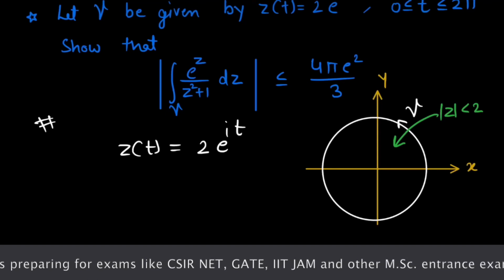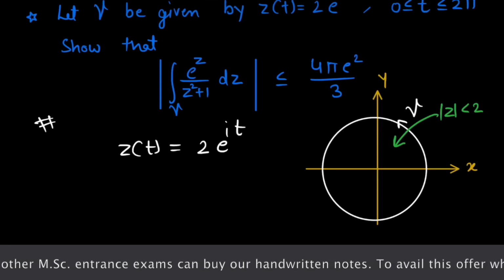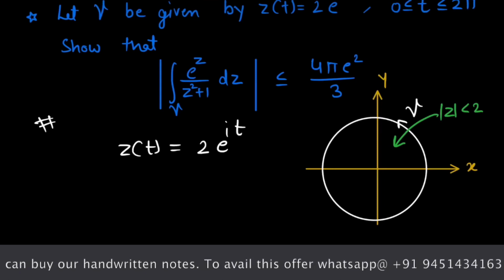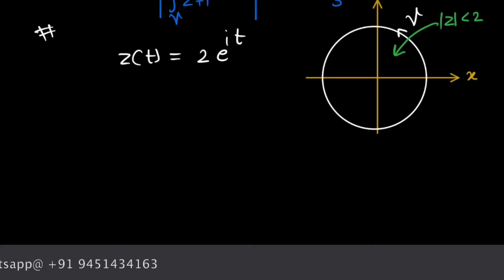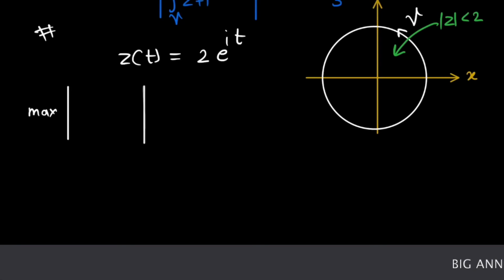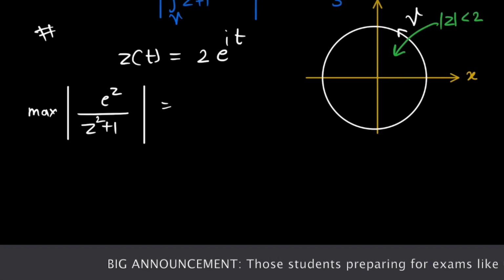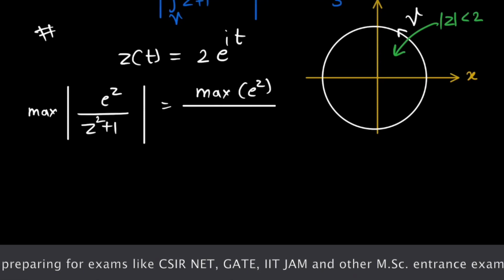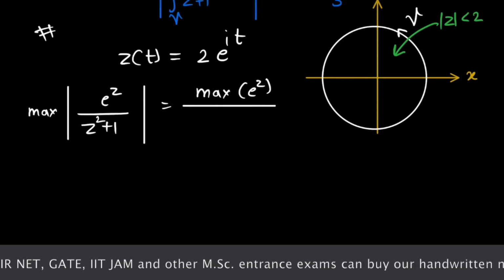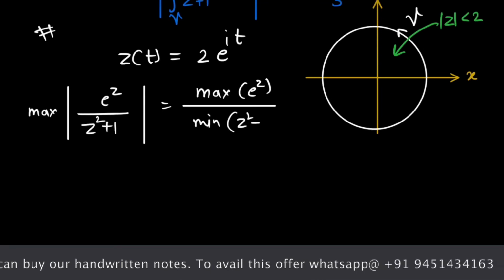Before applying the ML inequality we need to find M and L, where M is the maximum absolute value of the function e raised to power z over z squared plus 1. So the maximum of this function will be the maximum of e raised to power z over, since z squared plus 1 is in the denominator, that's why we need the minimum of z squared plus 1.